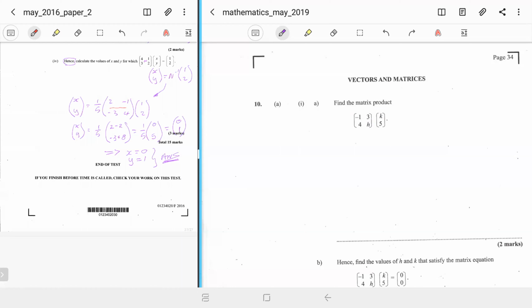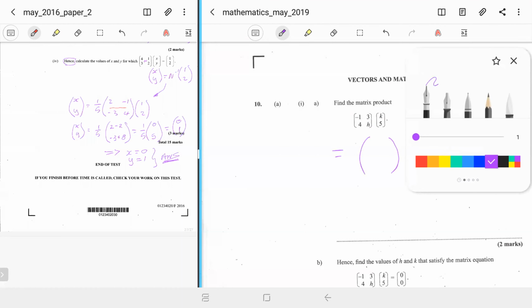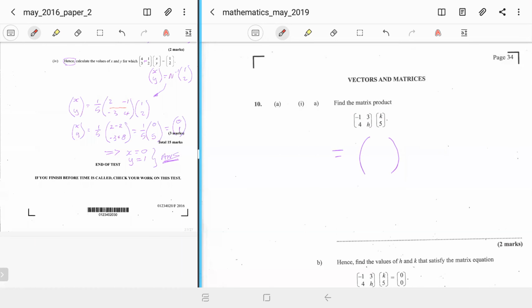So I'm going to write equals and put the column here. Now remember, it is the rows of the first matrix times the one column. So 2 elements you're going to get, because a 2 by 2 times a column matrix gives you back a column matrix. The first element is the first row with the one column. So it's minus 1 times k and the 3 times the 5.